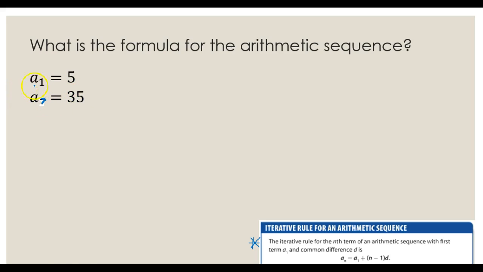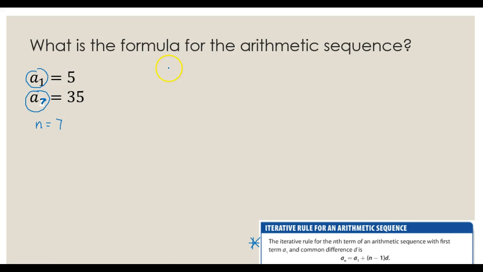So now we actually have three things here. We know what the first term is, a1, that's 5. We know what the seventh term is, a7, that's 35. And n, when the formula says n, just refers to the term number. n is going to be 7.